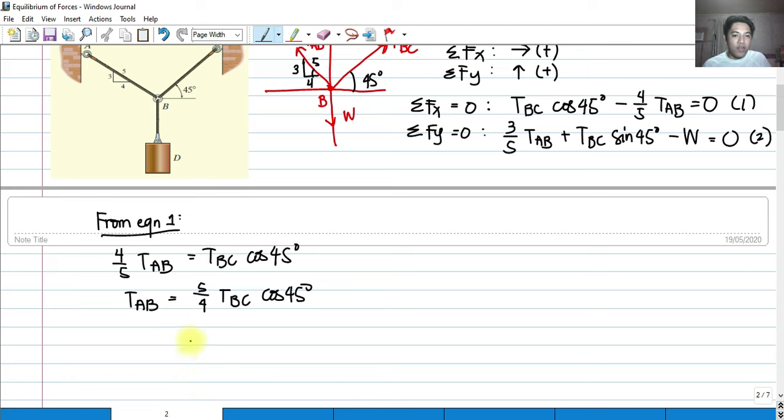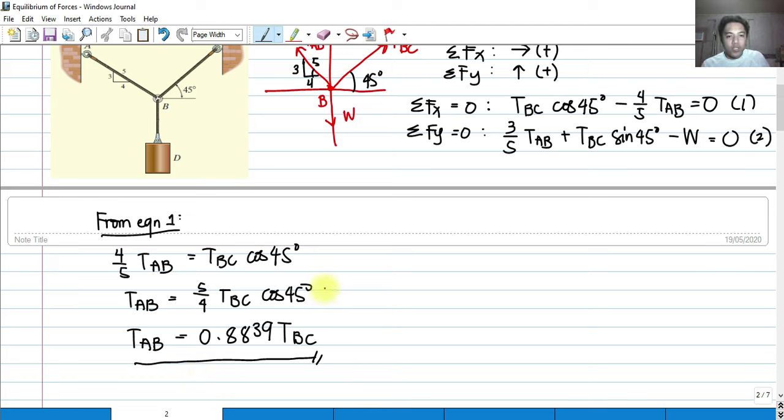You can evaluate this in decimal. This is all multiplied, so 5/4 times cosine of 45. Make sure you are in degree mode. So T sub AB should be equal to 0.8839 T sub BC. So T sub AB is simply equal to 0.8839 of T sub BC.